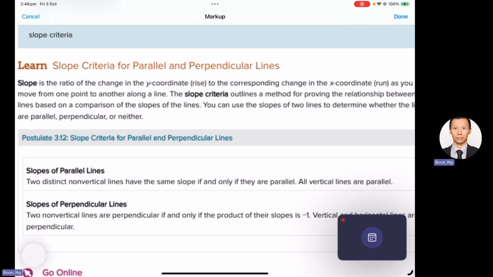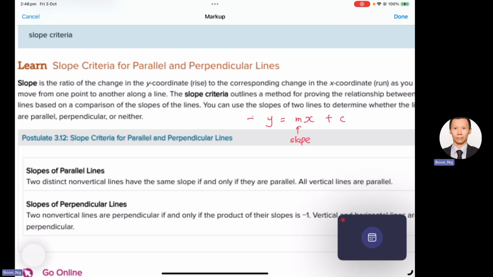And we have equations that you really need to know. You need to know three equations. y equals mx plus c. This m is the slope.